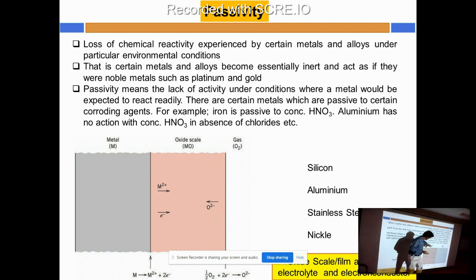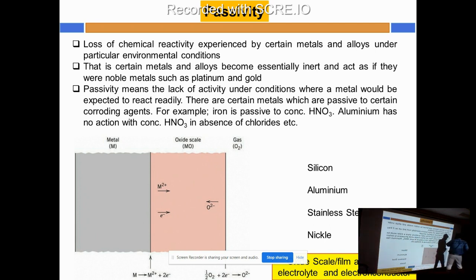This oxide layer will not allow foreign bacteria to react onto the surface. So there won't be any material deterioration or bacterial contamination, and the food will be safe. So silicon, aluminum, steel, nickel: the main reason or mechanism for materials to show passivity is the formation of the oxide layer, MO layer.